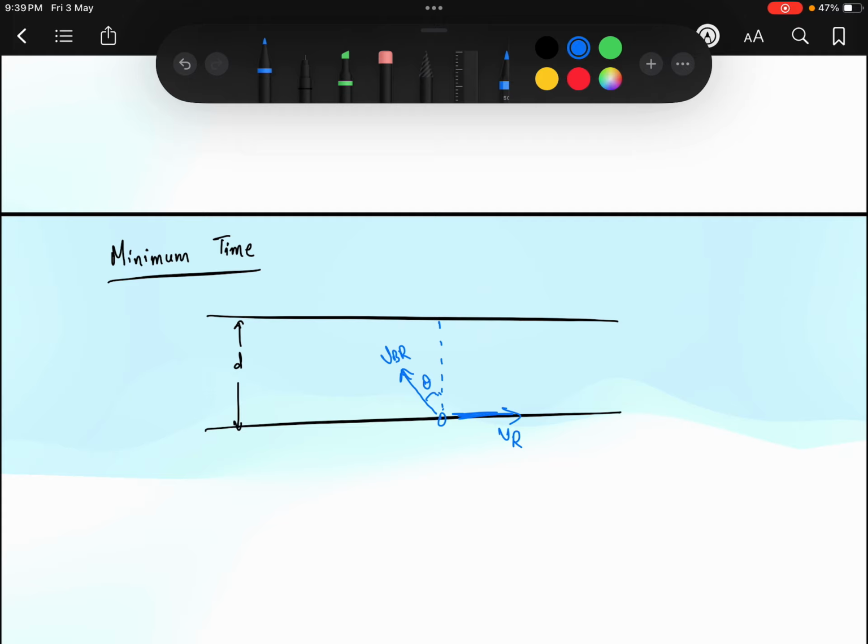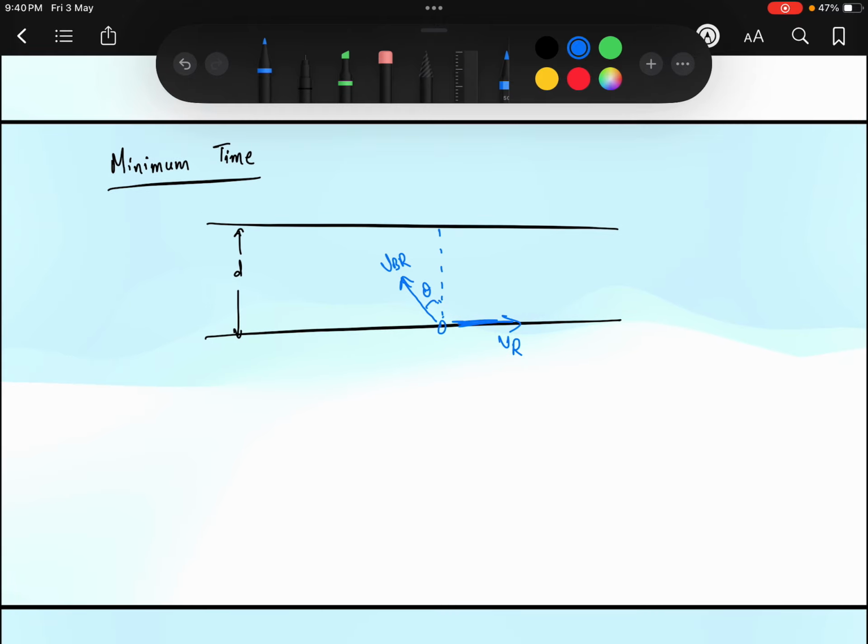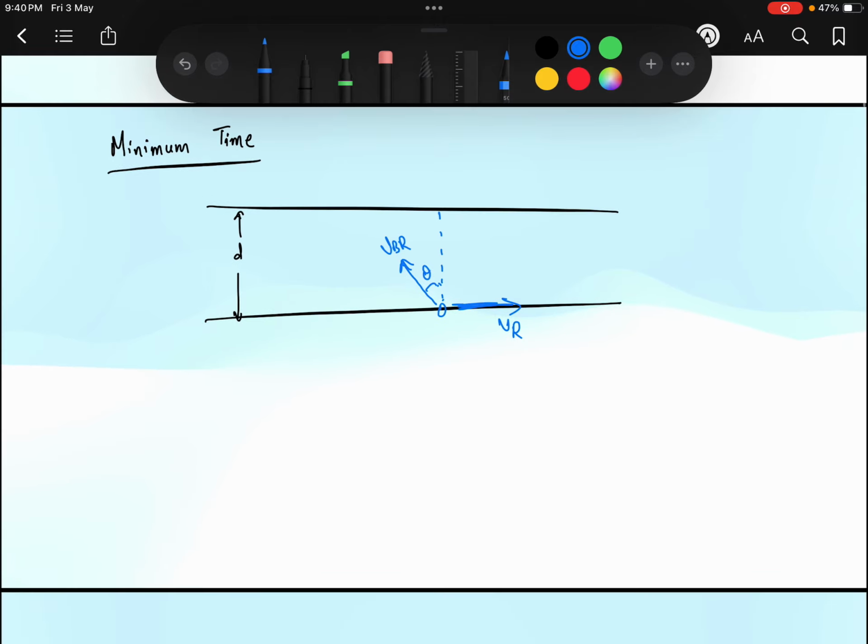Okay, so in the previous video we have already studied the formula for time taken to cross the river. That will be equal to d divided by v perpendicular. Here v perpendicular is the component of the velocity that is responsible for the boatman to cross the river.